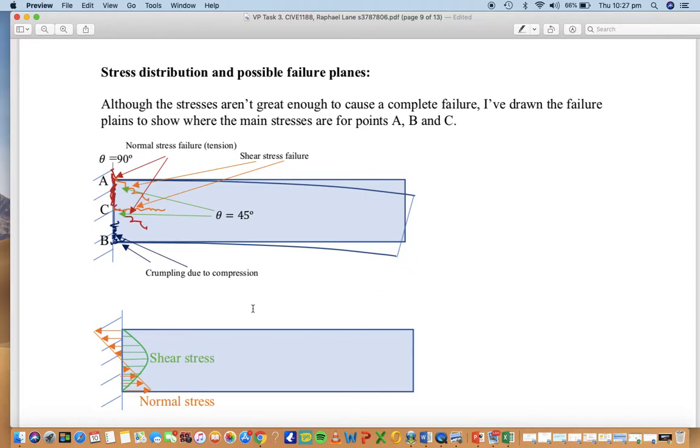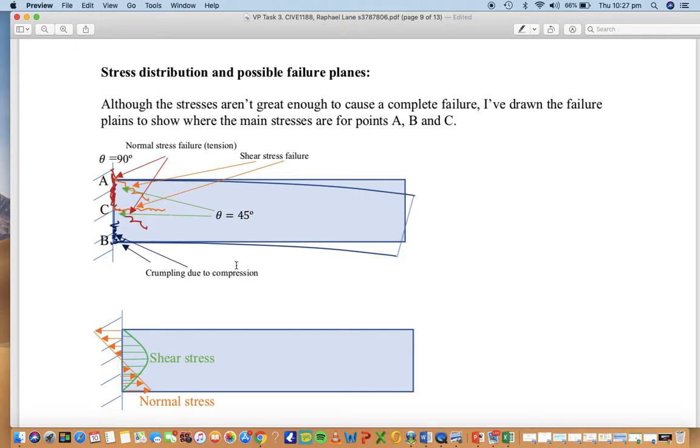Here's my deflected beam, and as you can see, between A and C, at point A, there's a maximum normal stress, which would cause a vertical fracture, or at least it would cause it to stretch at that point.